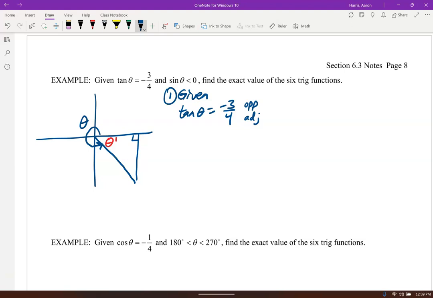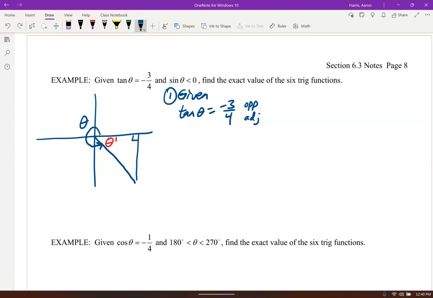I'm going to label my triangle using the reference angle theta prime. I know theta is bigger than 90. That's why I'm using the reference angle to cheat the system a little bit, because I can use right triangle trig with only angles less than 90.